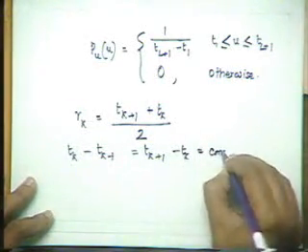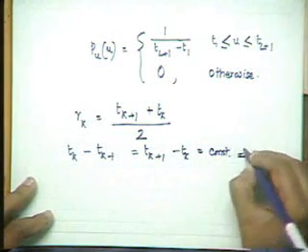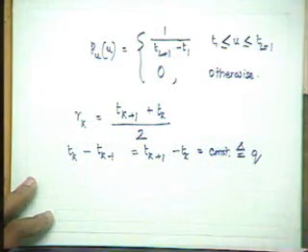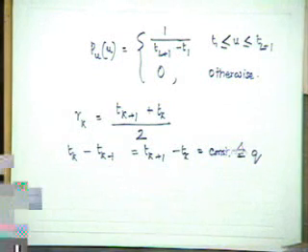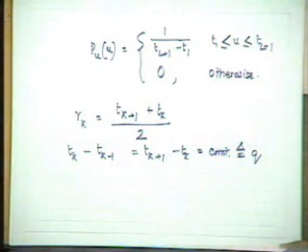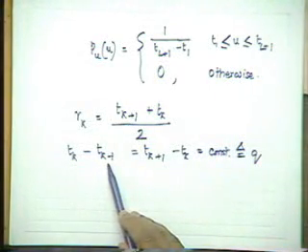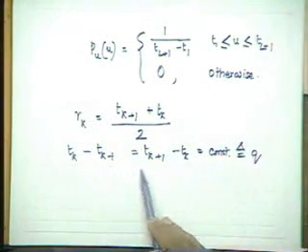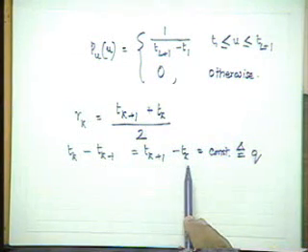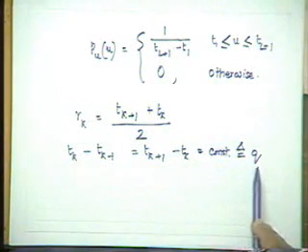This is going to be a constant, and that constant by definition we are calling the quantization step q. So q is nothing but the difference between the two decision levels, Tk minus Tk minus 1, and this transition difference is equal to Tk plus 1 minus Tk, and this by our definition is going to be q.